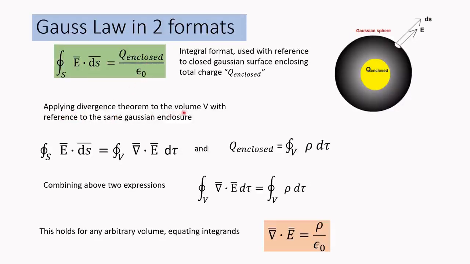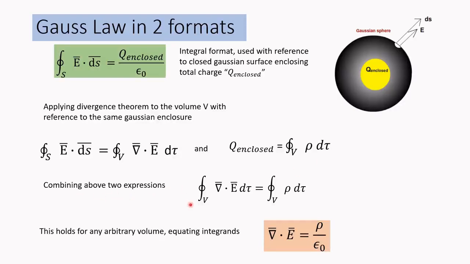Now we apply the divergence theorem to this volume V, with reference to the same Gaussian enclosure. So we could write the surface integral of E bar dot ds bar in terms of the volume integral of the divergence of E bar d tau. And we could write the enclosed charge as the volume integral of the volume charge density.